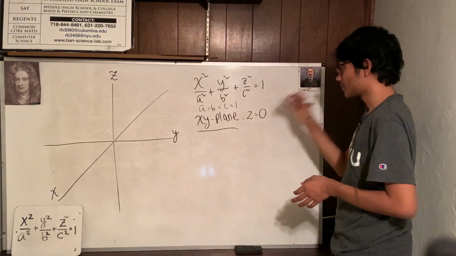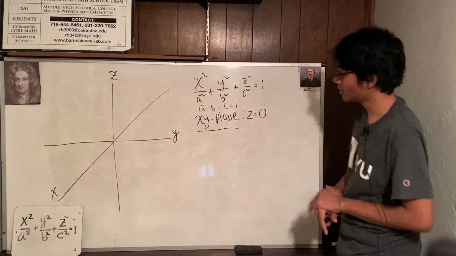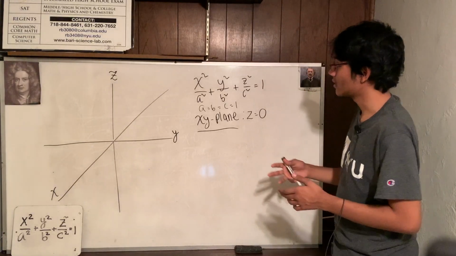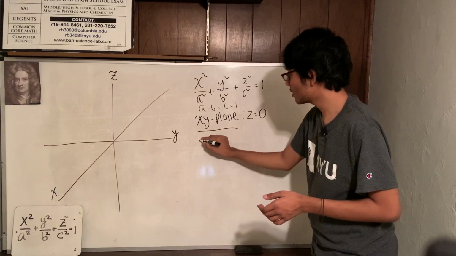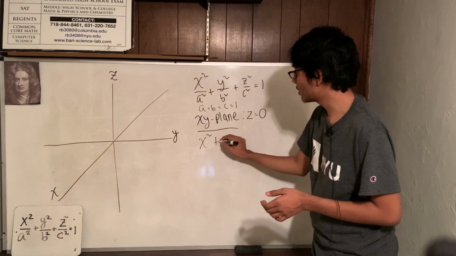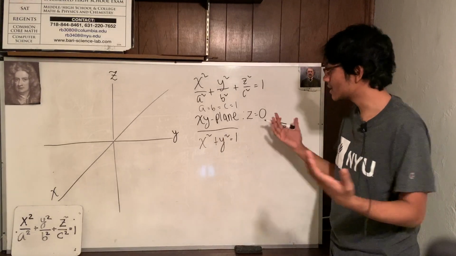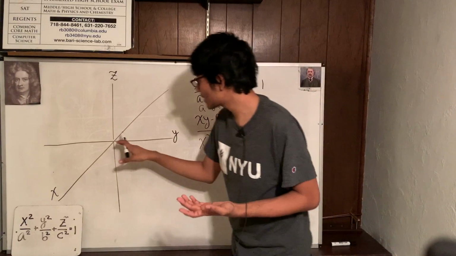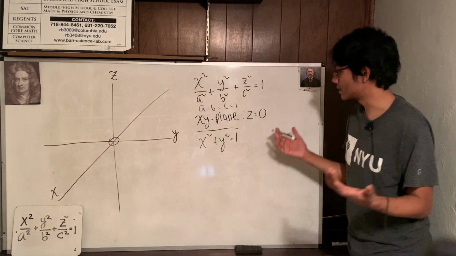Okay, so the xy plane is going to be fixed so that z is 0. So how's this thing gonna look? Well, just set this term to 0, pop it out, and what are we left with? We're left with x squared plus y squared is 1. And what is that? Well, that's just a circle. If you look at the xy plane, you'll just find a circle, right? I think that's what you'll find.